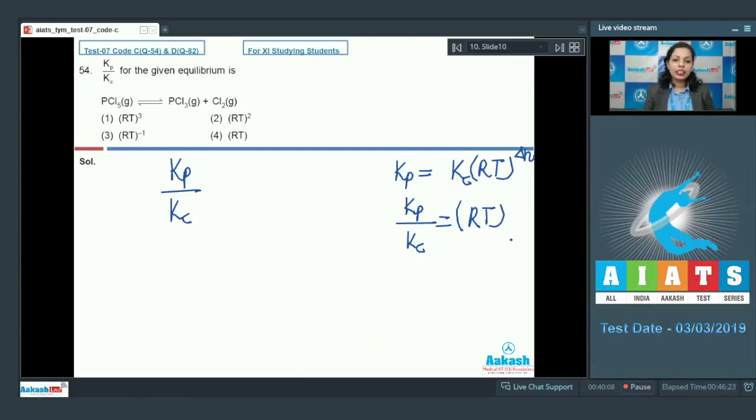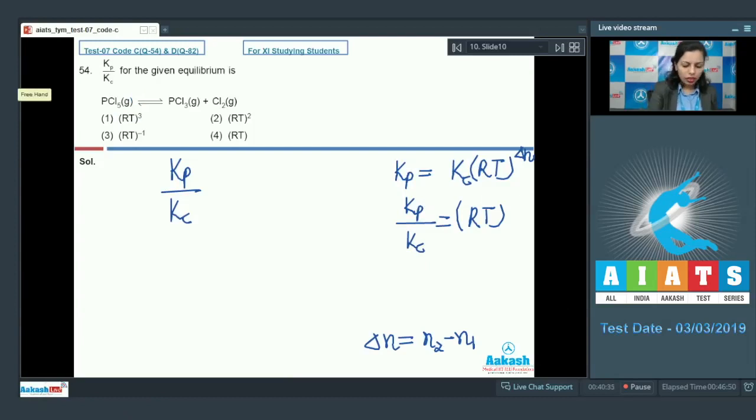Delta N is the change in the number of moles while reactant is getting changed into product. So delta N is N2 minus N1. What is N2? The moles of the product. N1 is moles of the reactant. So for the product there are 2 moles, PCl3 and Cl2, and for the reactant there is 1 mole only.